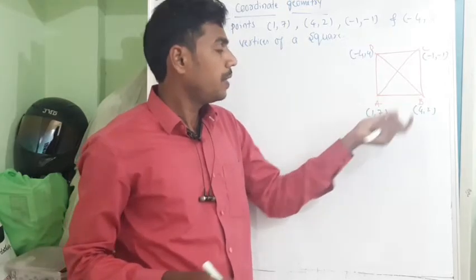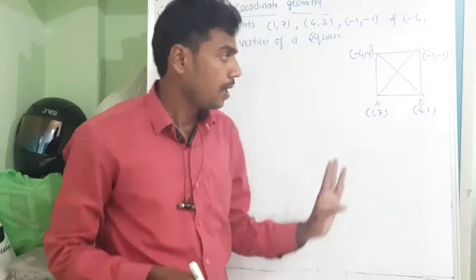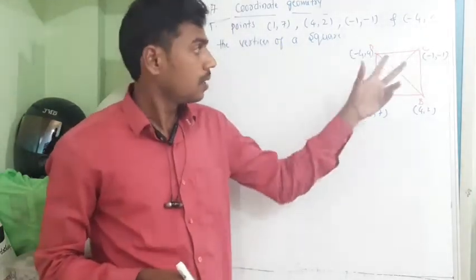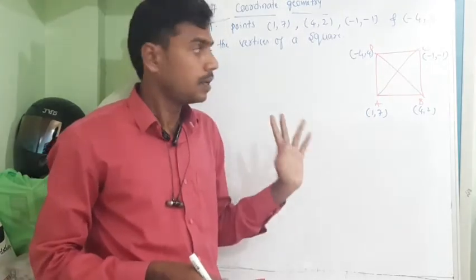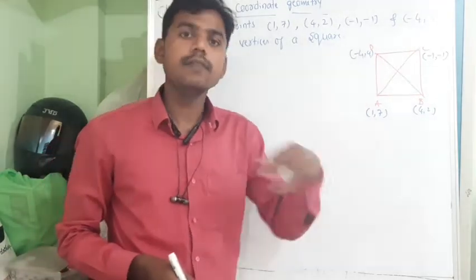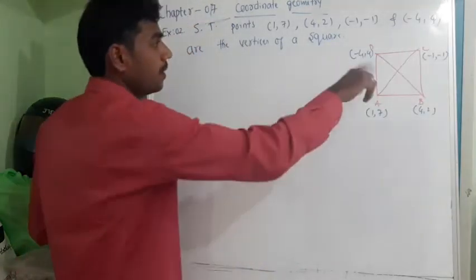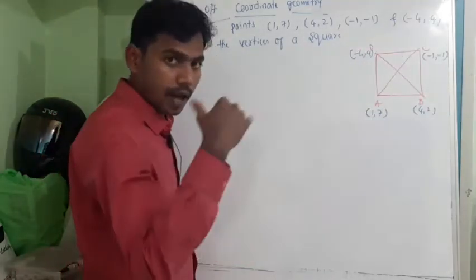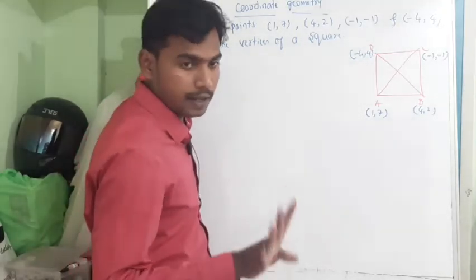AB should be equal to BC, BC equal to CD, CD equal to DA. Then we can conclude the given quadrilateral is a rhombus. Then if its diagonals are equal, we can conclude it is a square. So with all sides equal and diagonals equal, we call it a square. Those are the basics you have studied in 9th standard.